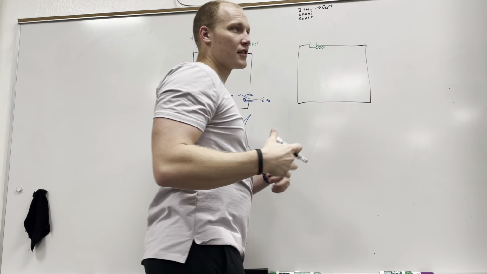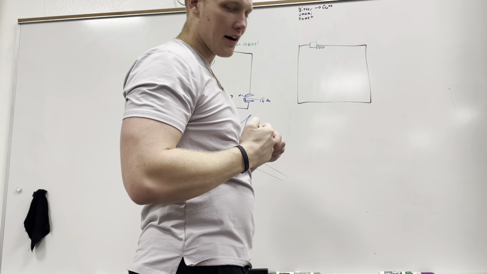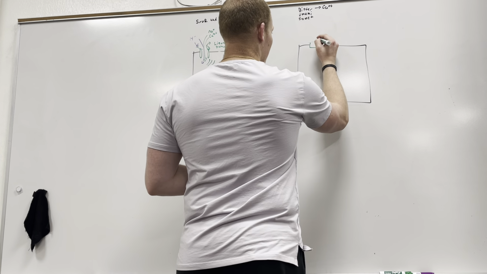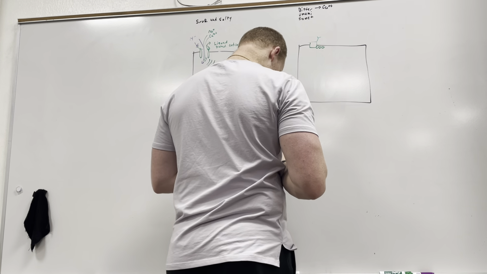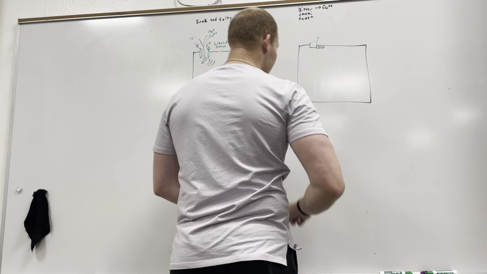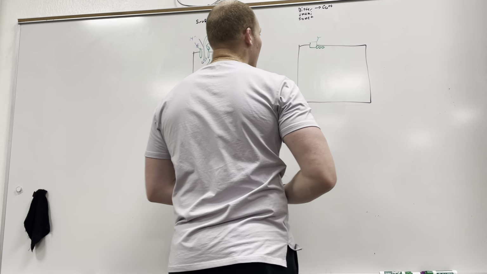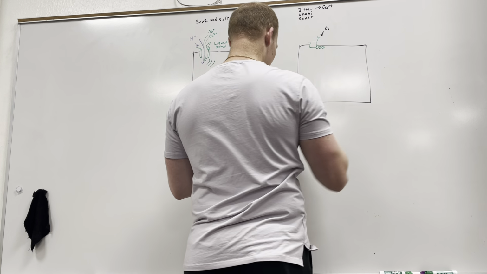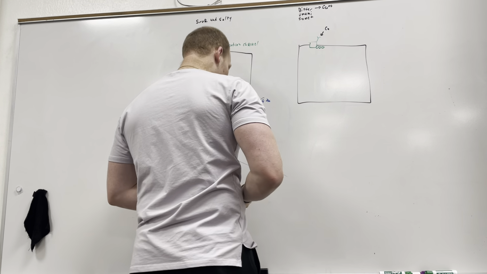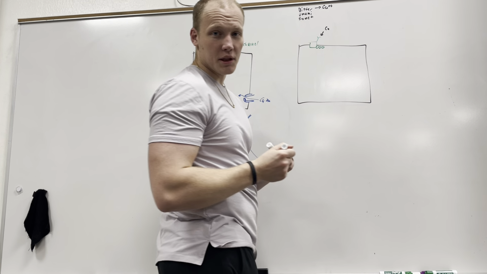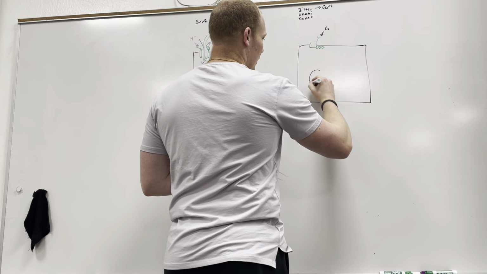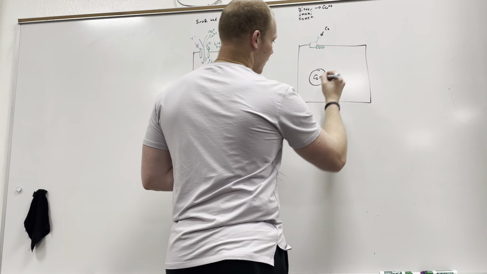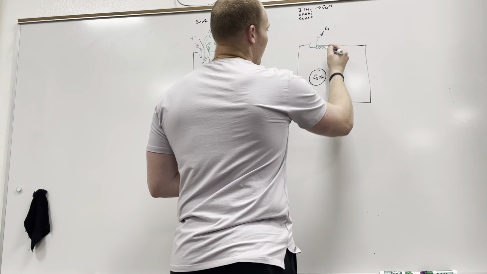A bitter taste is when we have a molecule come in and bind to the receptor. So we have a receptor here. Let's do that in black. It comes in, it binds. We activate the G protein cascade. Down here in the endoplasmic reticulum, we have high calcium concentration.